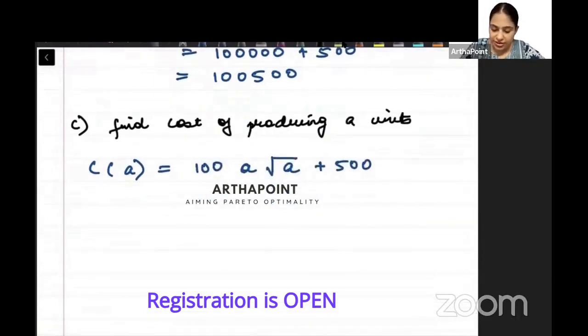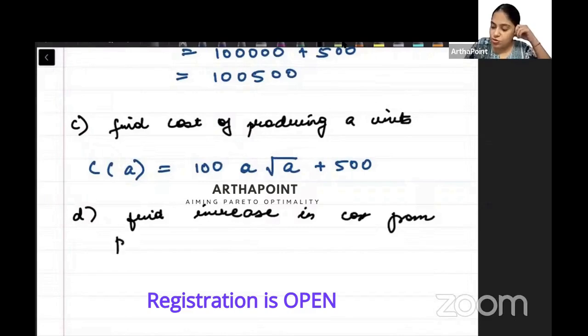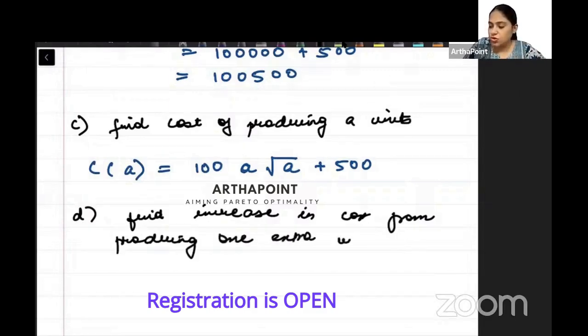Next question says find the increase in cost from producing 1 extra unit.